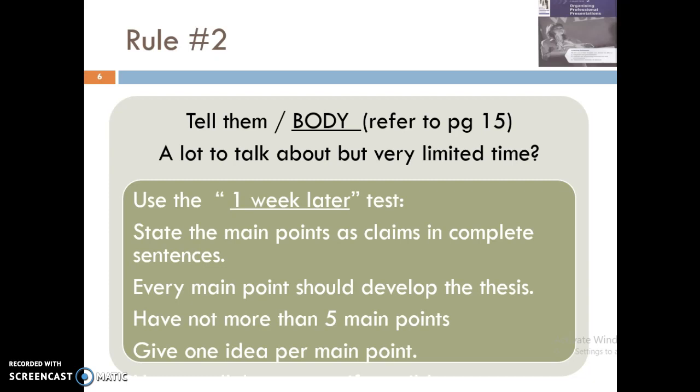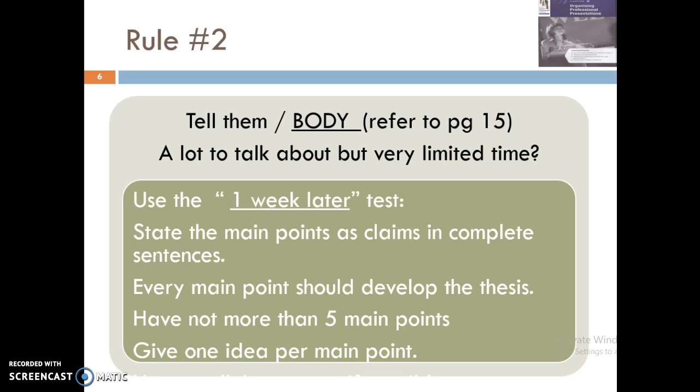State the main points as claims in complete sentences and have every main point develop the topic of your presentation, or here it is stated as develop the thesis.